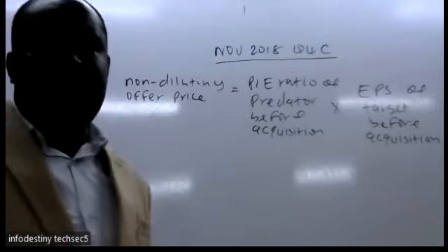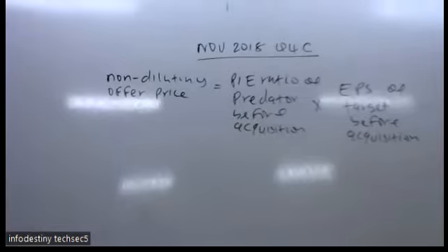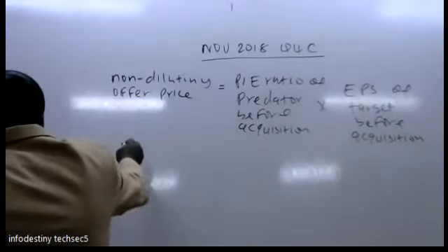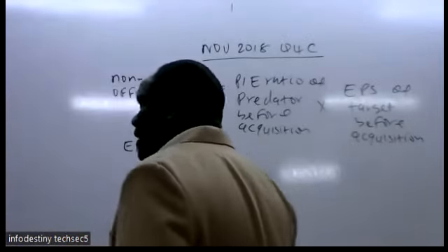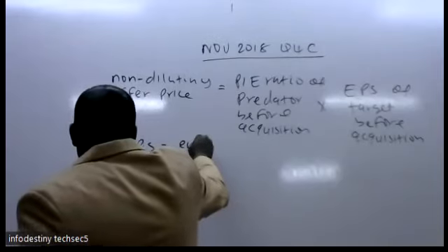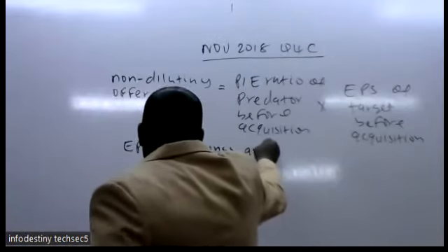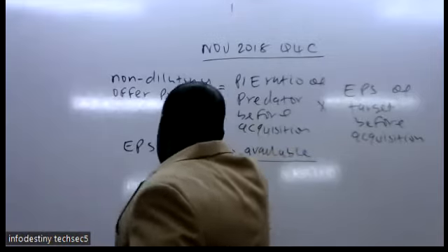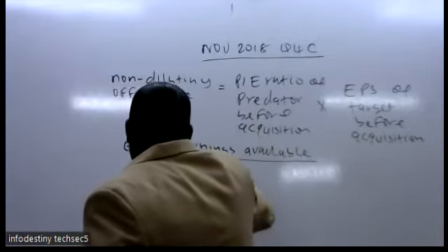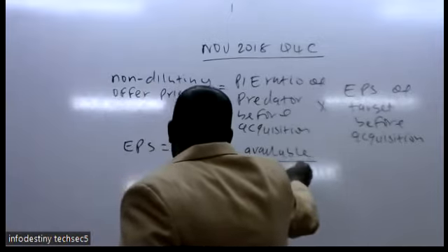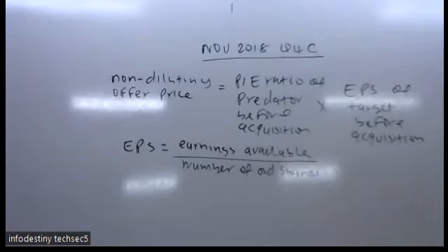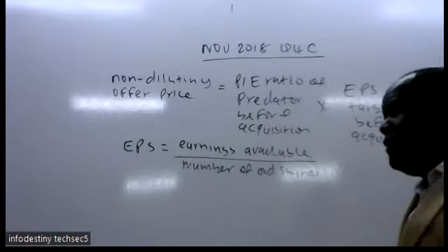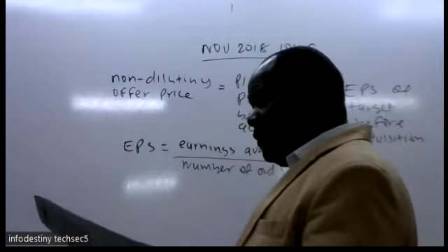Earning per share is given by earnings available divided by the number of ordinary shares. So we start with the one for Chilulu Limited.